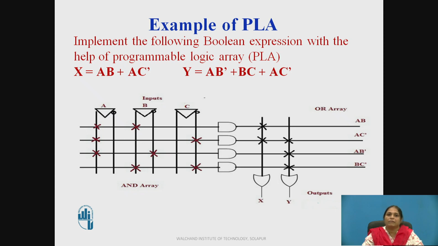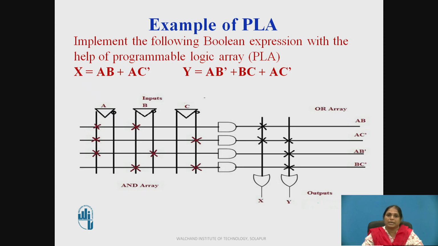We have taken the common terms here. AC bar is common in the x and y functions. So instead of taking AC bar two times, it is taken only a single time, so instead of 5 AND gates we are using only 4 AND gates, which reduces the number of gates used to construct the PLA.